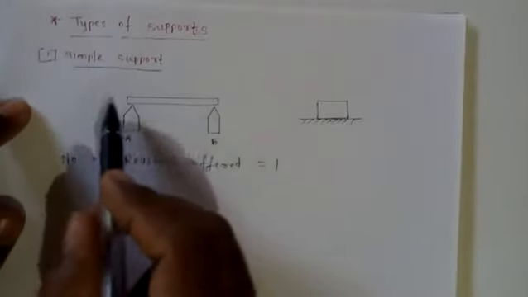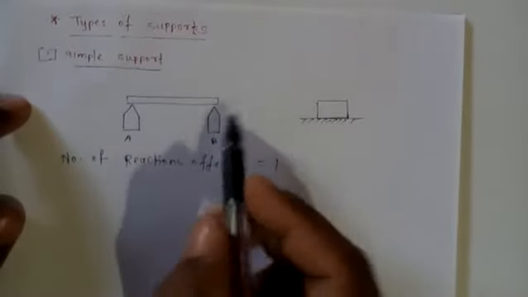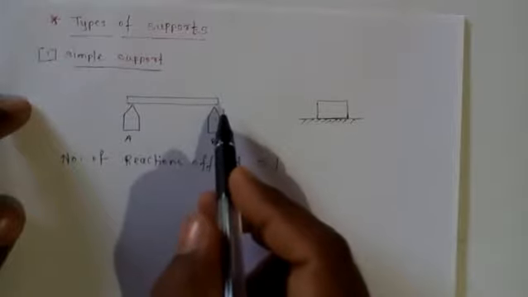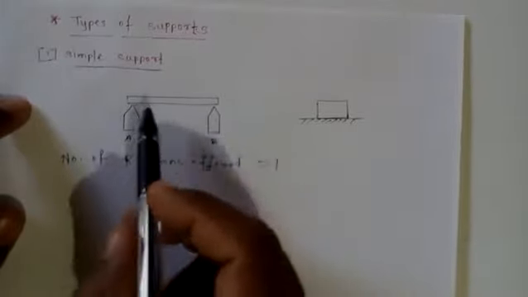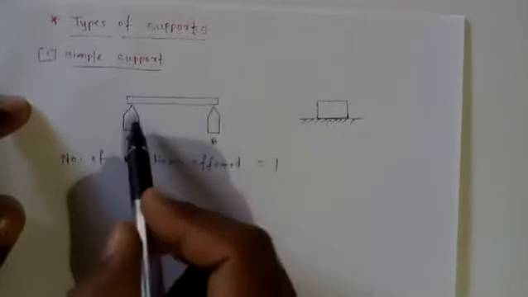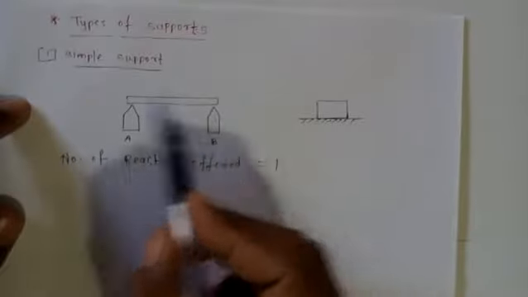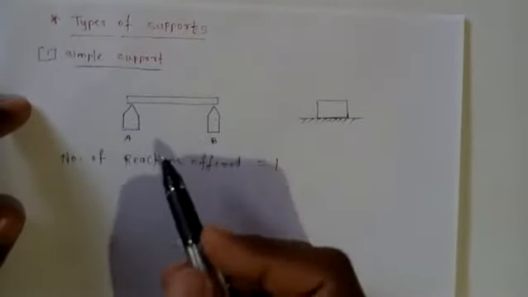So there will be no horizontal reaction offered as the beam is free. See, a reaction is always offered only when there is a restriction to the motion in a particular direction. So the restriction is in the downward direction only at point A and at point B. So at points A and B, one reaction each will be offered.